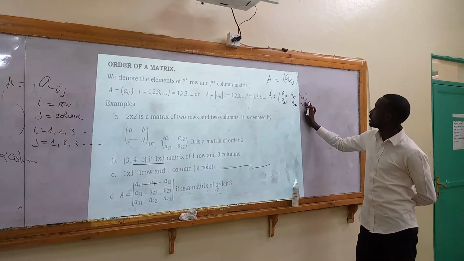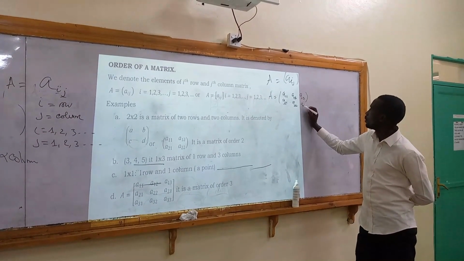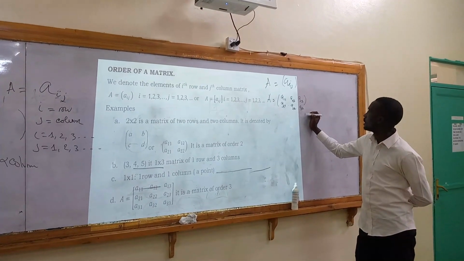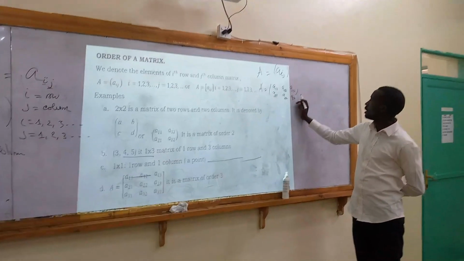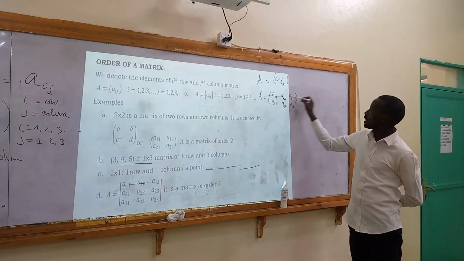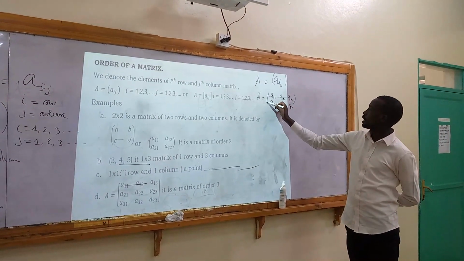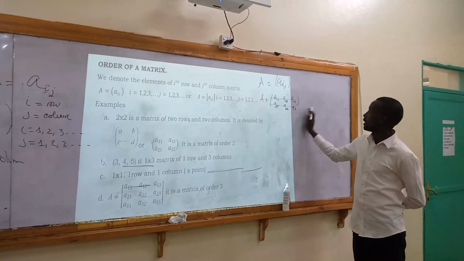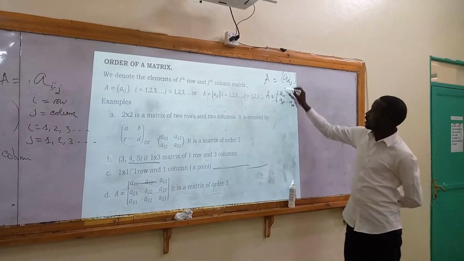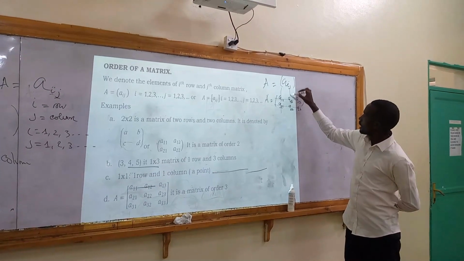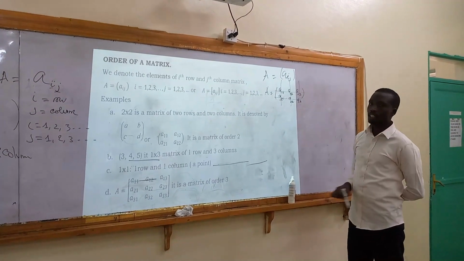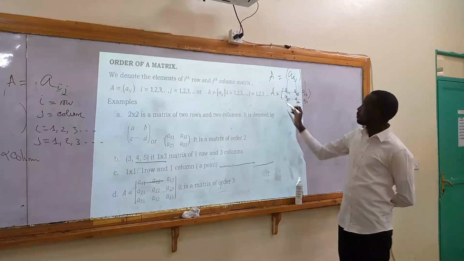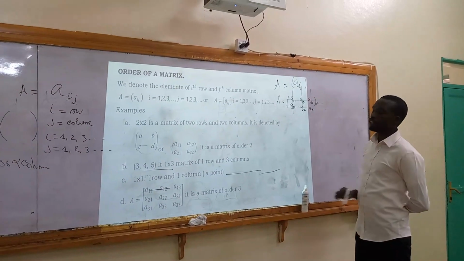This one is the first row, this is the second row, and here it is a23. This is the first column, the second column, and this one is the third column. So this matrix is a matrix of order 2.